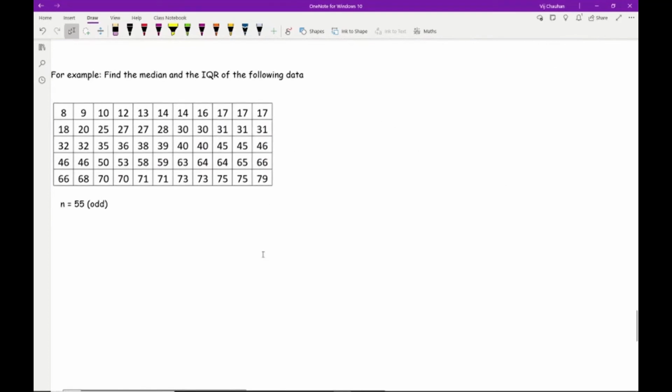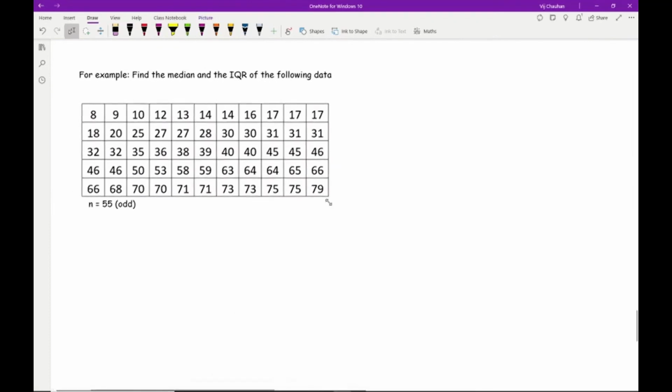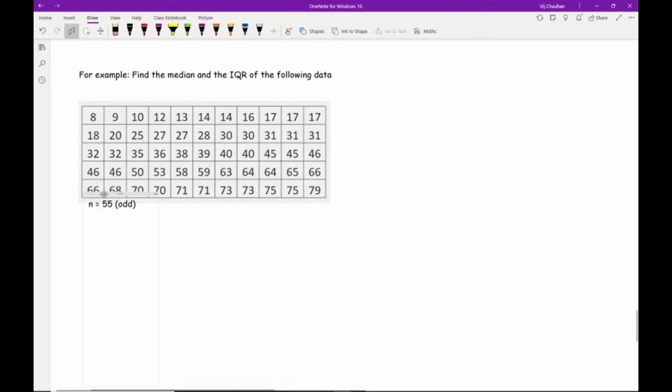So for example, here we've got, let's just make these numbers a little bit bigger for us to see, 55 bits of data. What I want to do now is work out where the lower quartile is. As you can see, it's in a bit of a table.